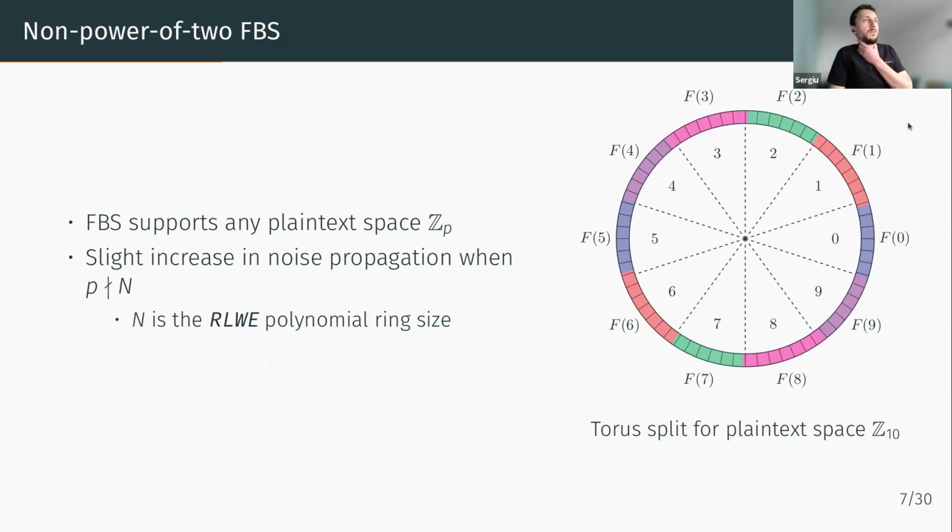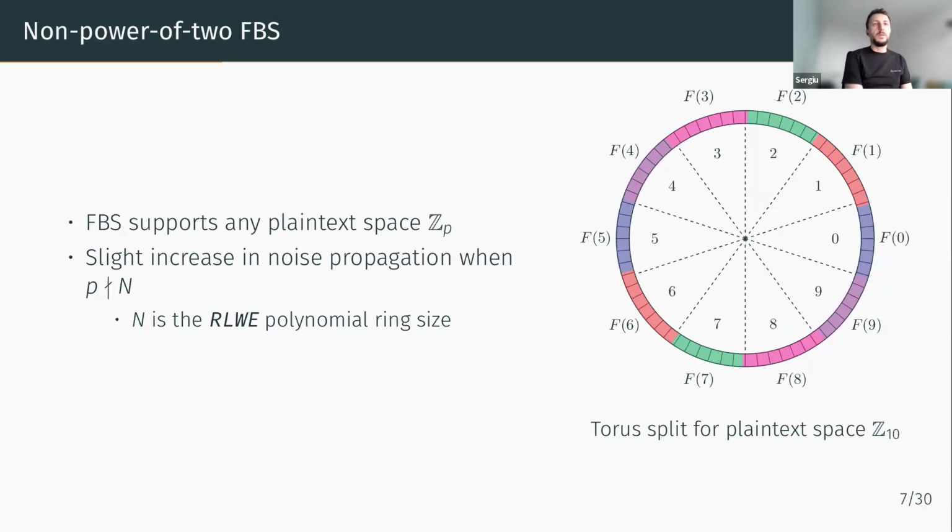What are other interesting facts we'll use in this talk about functional bootstrapping is that functional bootstrapping supports not only power of two message spaces, but you can support any message space, any plain text space, like Z10, etc. The drawback when the plain text space is not a power of 2 is that it slightly increases the noise propagation because P does not divide N, where N is the polynomial ring size.